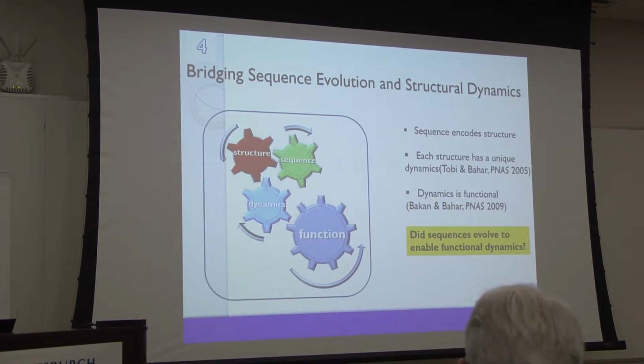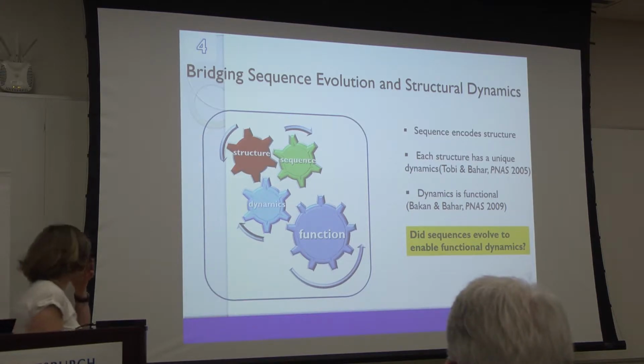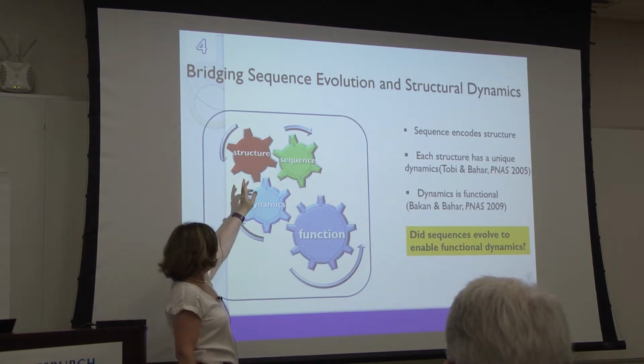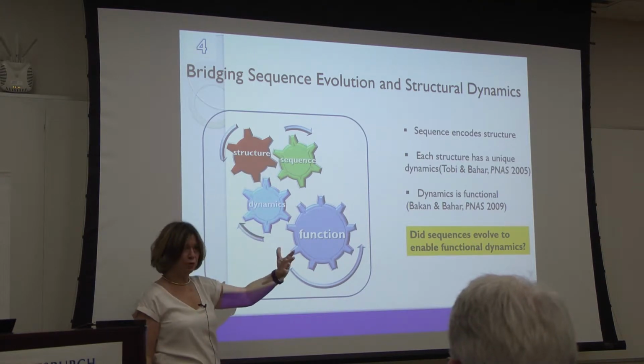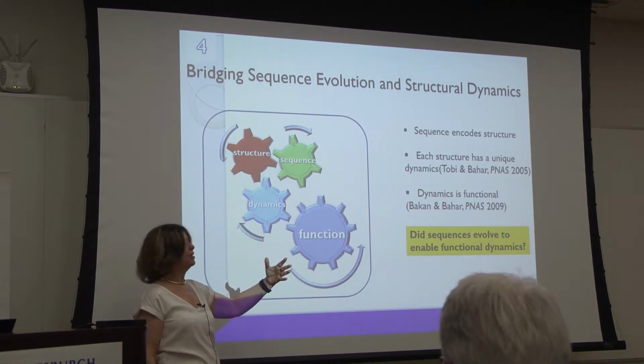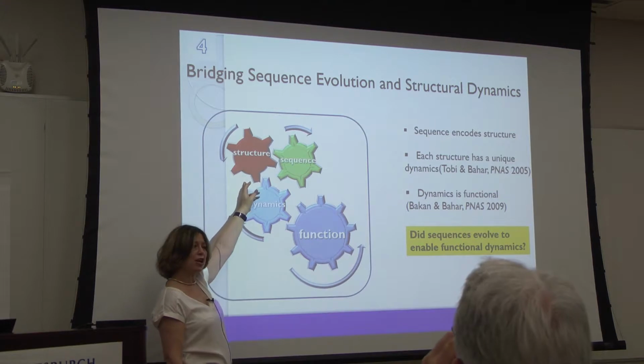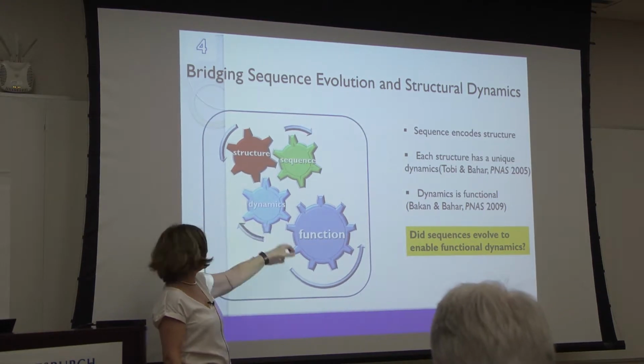Now the question is, since we know that the sequence encodes the structure based on protein folding concepts, then if you just complete the circle, can we think that sequences have evolved such that they would encode a structure whose dynamics is functional?